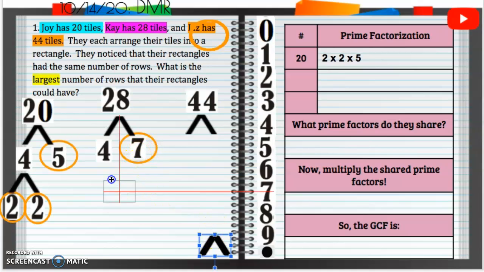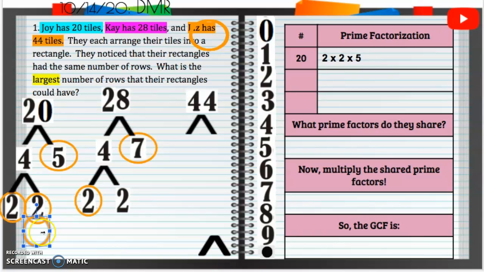But there's that 4 again. We like to break down 4 because it's easy peasy. When we factor it, we get 2 times 2. Is 2 a prime number? Yes, it is, because the only two factors are 1 and itself, so I am going to circle those 2s. Now there are no more branches to go.